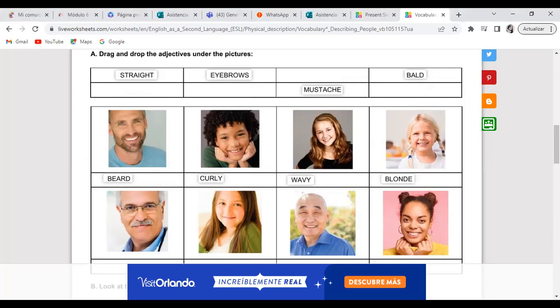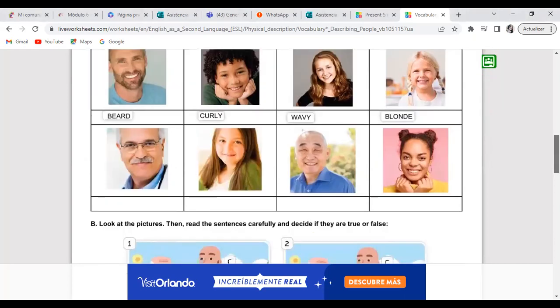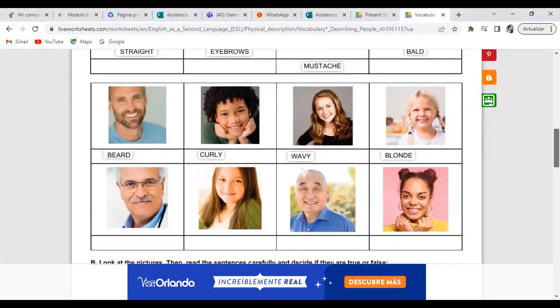And, okay, Jorge. What about the man over here? The man, what can you tell me about him, guys? The man has a mustache. Yes, he has a mustache.